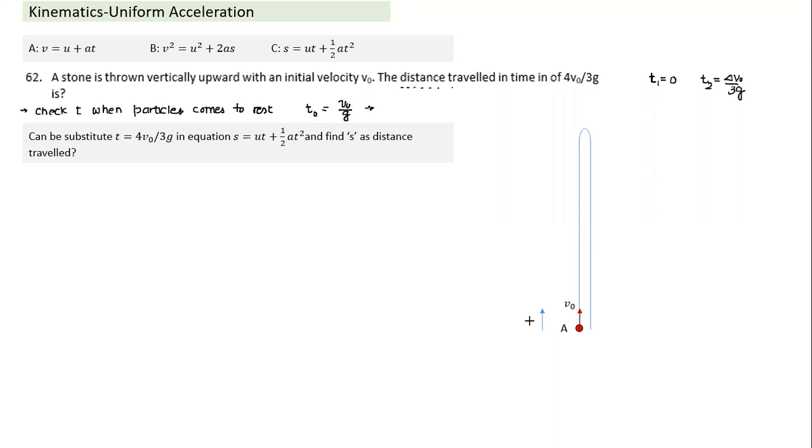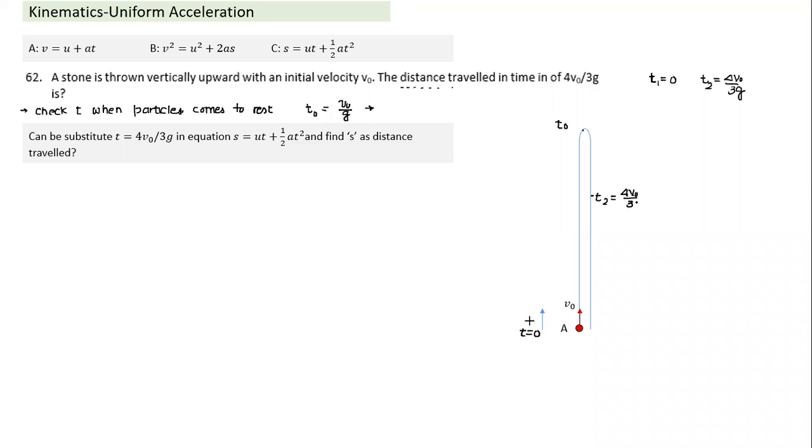Now there are multiple ways of solving this question. This is t equal to 0, the initial point. This is the time t0 where it comes to momentary rest. And this is my t2, equal to 4v0 by 3g.